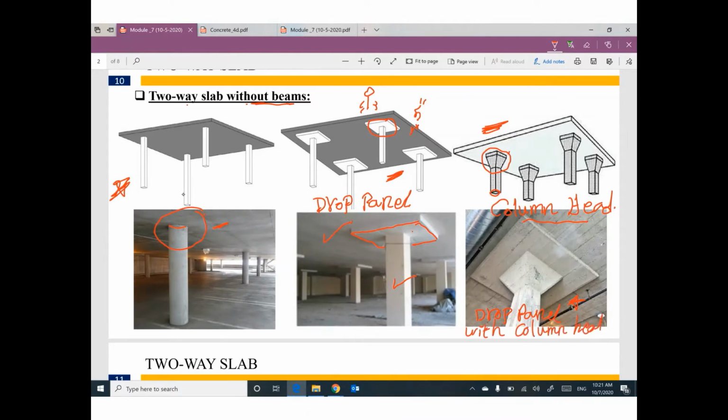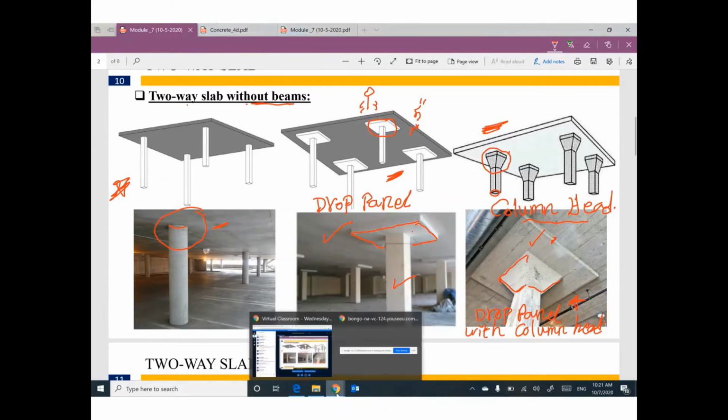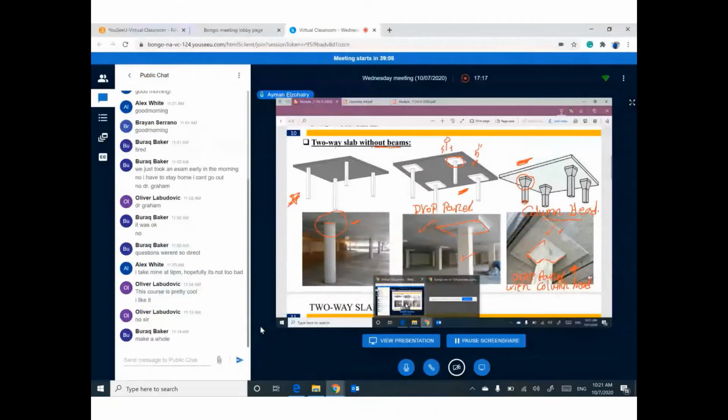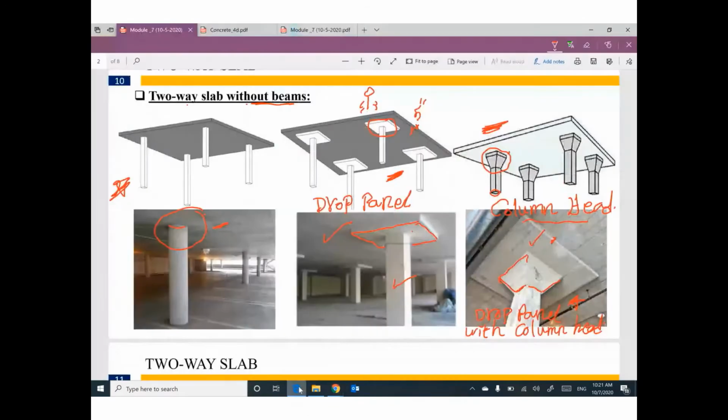So I increased the thickness of the slab at this location only, and I did something called column head at the end of the column at the top. So any question? Guys, do you have any question?